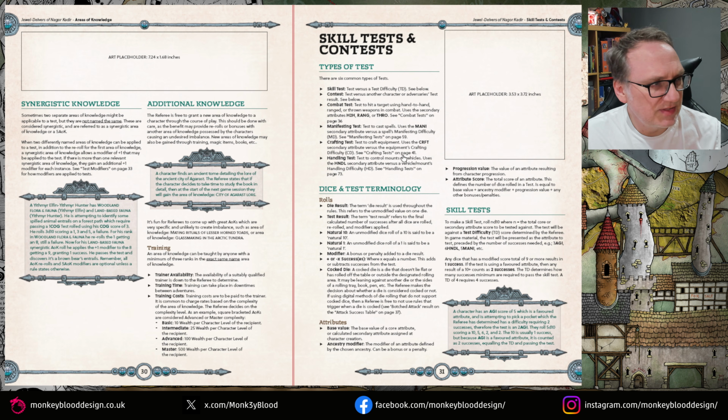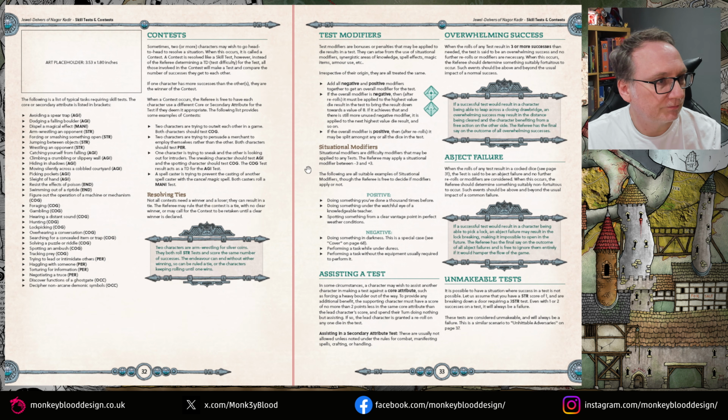So skills and contests, we've talked about the core mechanic, which is you're rolling a number of d10 trying to get 9s and 10s. There's ways of, you know, failing, assisting in tests, unmakeable tests as well.